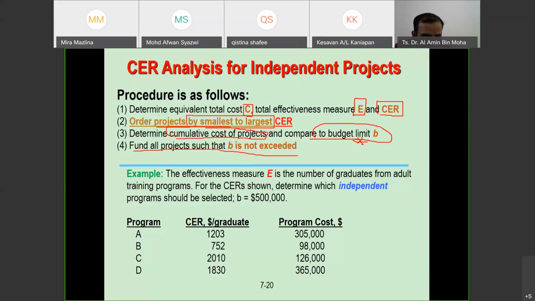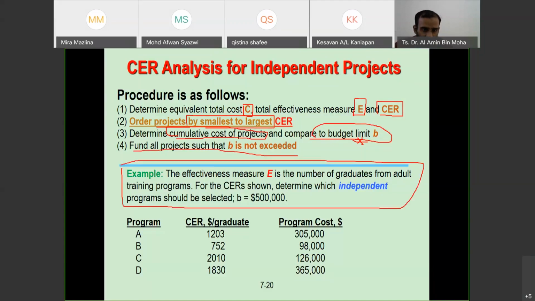Okay, let's see the example. This is the example. The effectiveness measure E is the number of graduates from an adult training program. So what is E? The effectiveness measure is the number of graduates. Okay. For the CER shown, determine which independent program should be selected. And they give you B, 500,000.